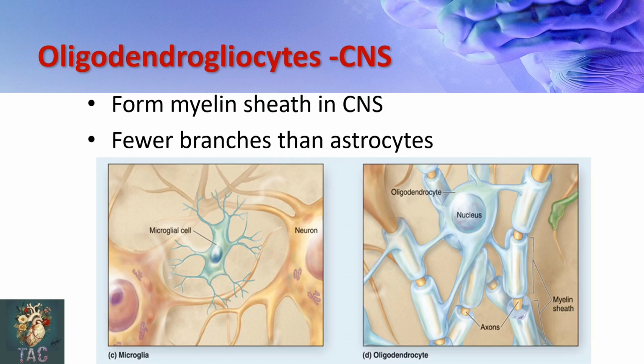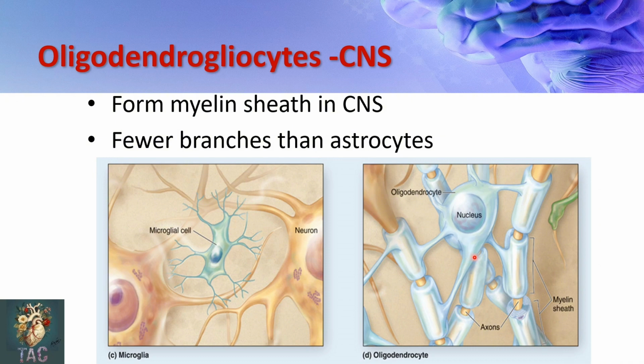So now we first discuss the oligodendrocyte. Oligodendrocytes form myelin sheath in the central nervous system, with fewer branches than the astrocytes. So you can see this is the oligodendrocyte and its nucleus, and it is wrapping around multiple axons at the same time.